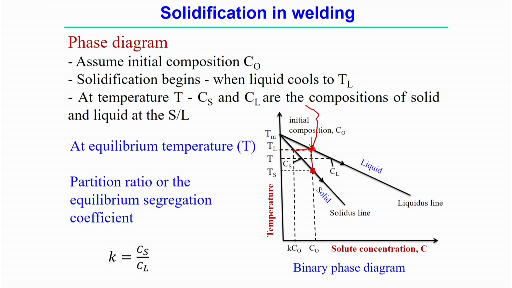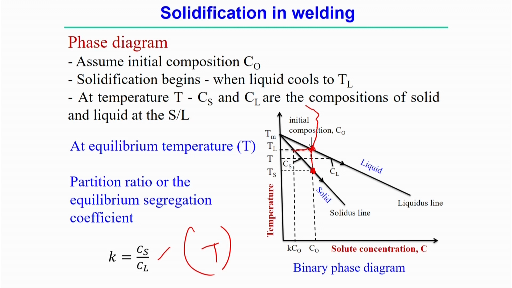At equilibrium temperature T, the partition ratio, or equilibrium segregation coefficient, small k, is represented by the ratio Cs by Cl. This is simply the solid composition over the liquid composition at equilibrium temperature T. If the equilibrium solidification temperature changes, the value of k may change.